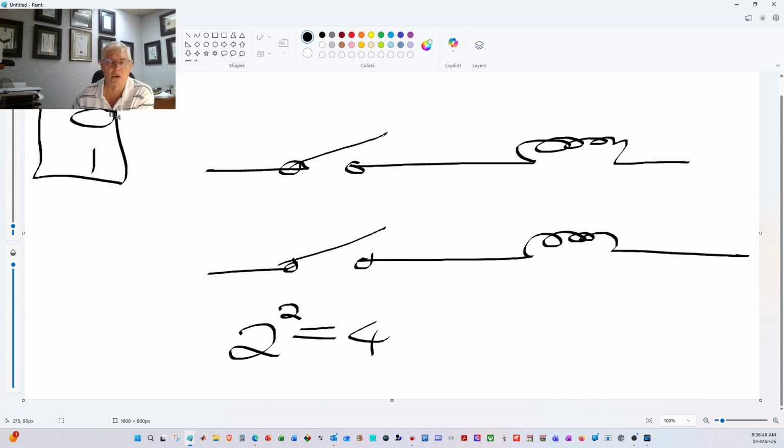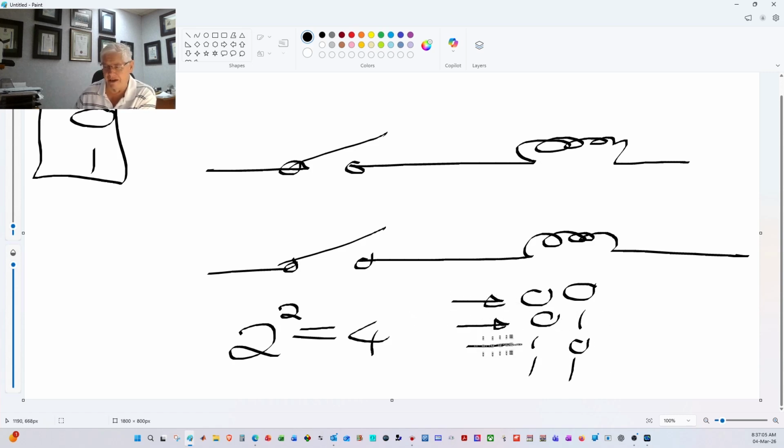That was my 2 combinations. With the 2 switches, you're going to find that I would get 4 combinations, of which 0 is the first, and we're going to have another 3 after that. So I can either have both switches off, one of the switches on, the other switch on, or both of the switches on. Those are the combinations.